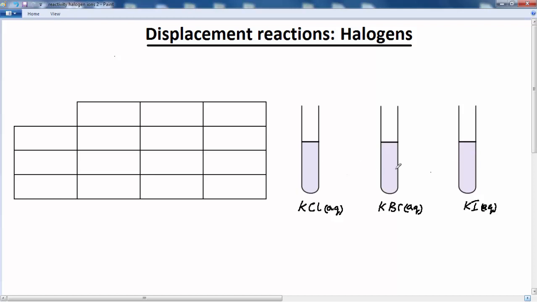They look just like water to the eye, but they have the potassium salts dissolved in them. So what we're going to do is compare what happens to each solution when we add various halogen gases to each solution. Now we can't add the halogen gases directly, so we add solutions of the halogen gas dissolved in water.